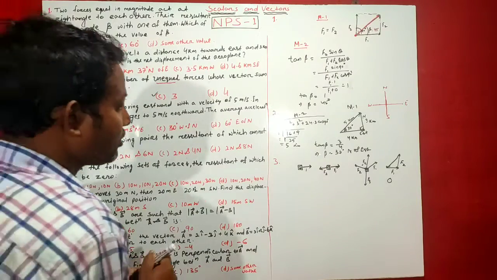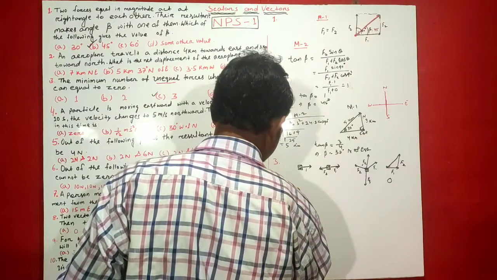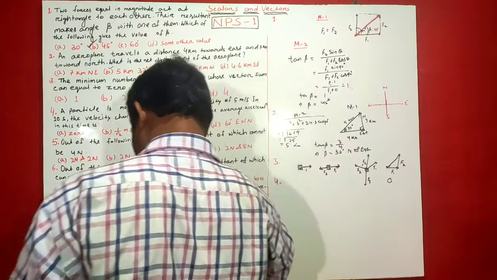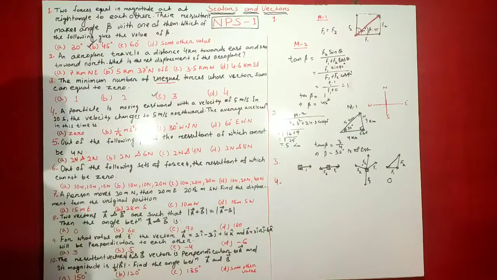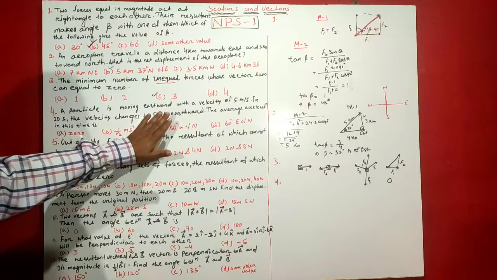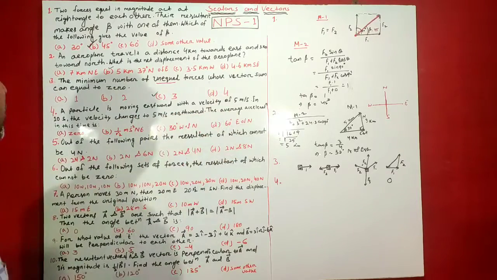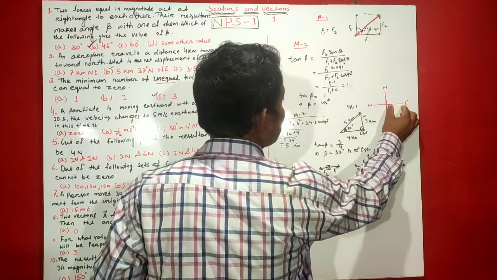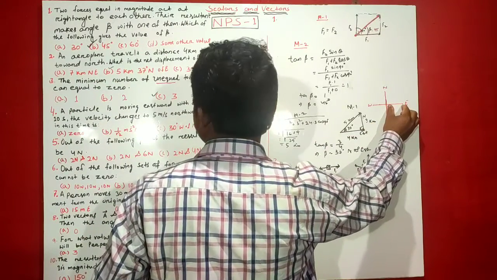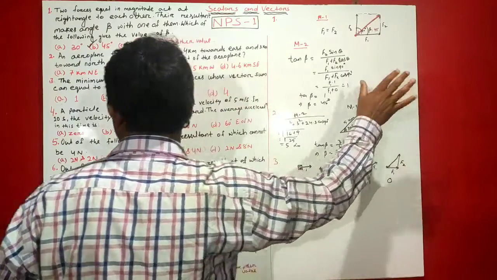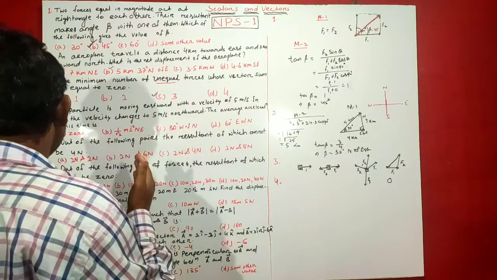Next, number 4. A particle is moving eastward with a velocity of 5 meters per second.